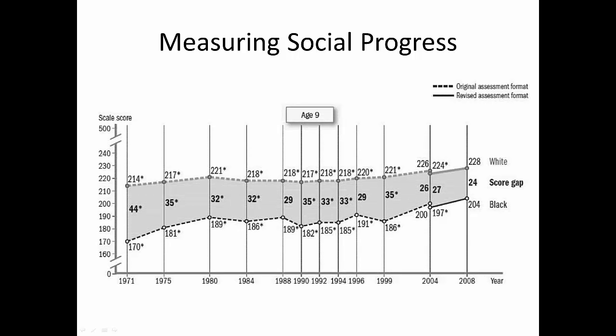Here's an image of the African American-white score gap in reading scores at age 9 from 1971 to 2008 on NAEP. The graph shows that the score gap has been reduced by 20 points in that time period. This is information about social progress that the United States has made in closing the achievement gap that would not be available without a standardized test like NAEP.